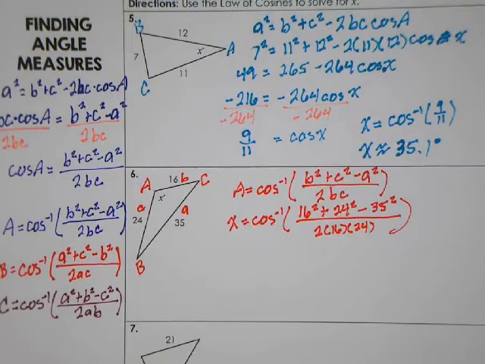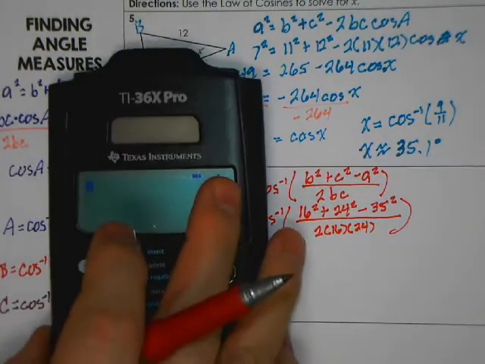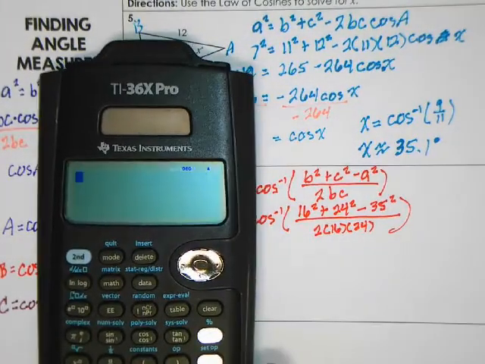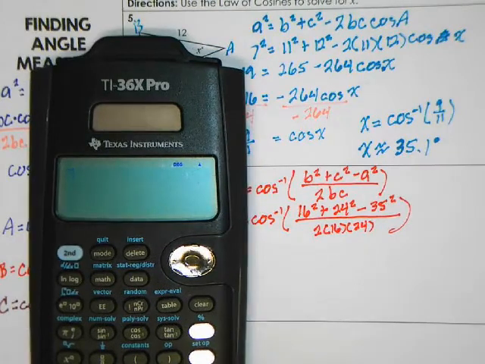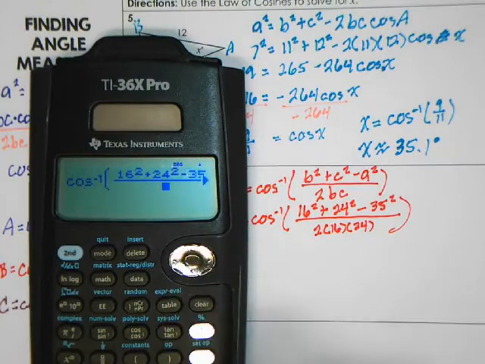And this is where we go to the calculator and just let the calculator do the work for us. Okay, so here I'm going to say inverse cosine, and I'm going to hit my little ratio button so I have a numerator and a denominator. It's easy to type in, so I'm going to say 16 squared plus 24 squared minus 35 squared, all of it divided by 2 times 16 times 24.